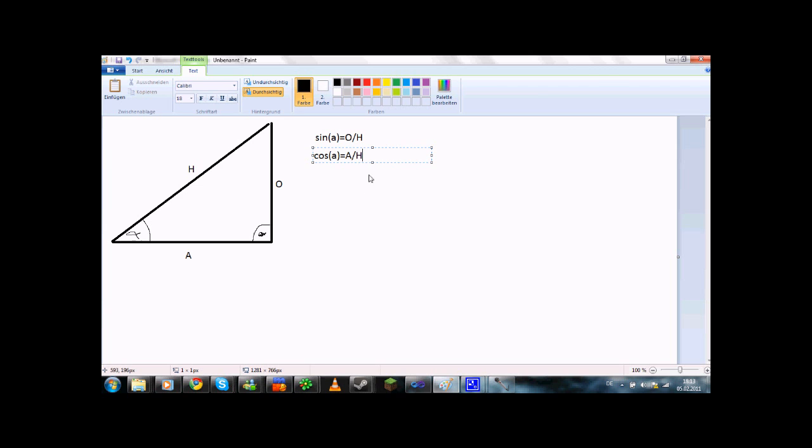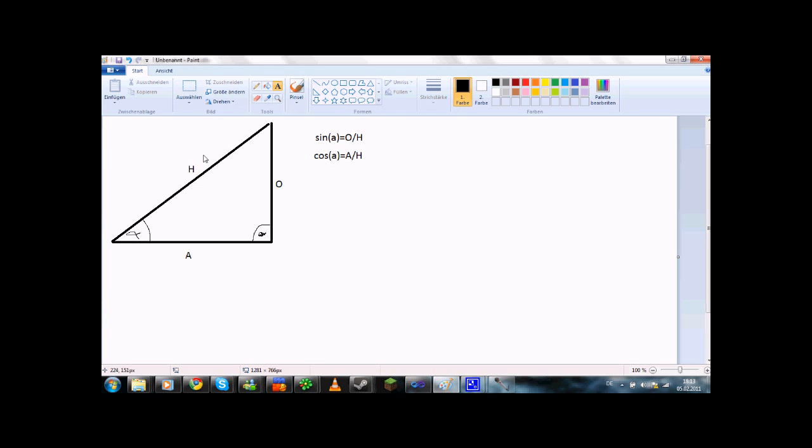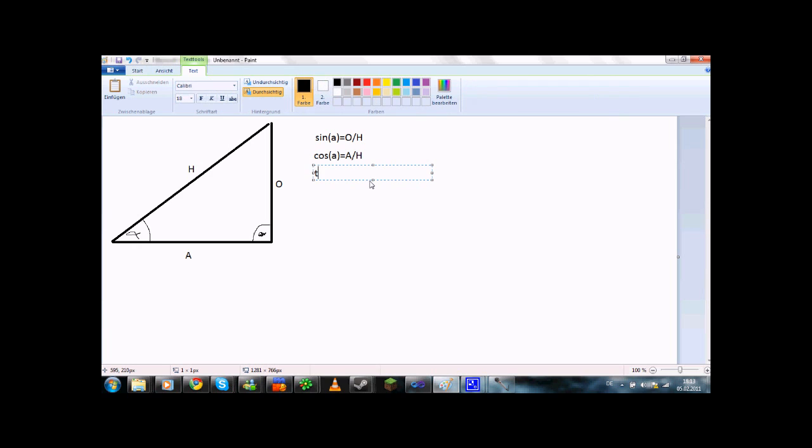So it's the adjacent side divided by the hypotenuse. And the tangents of alpha is defined as the opposing side divided by A, which is the same as the sine of alpha divided by the cosine of alpha.